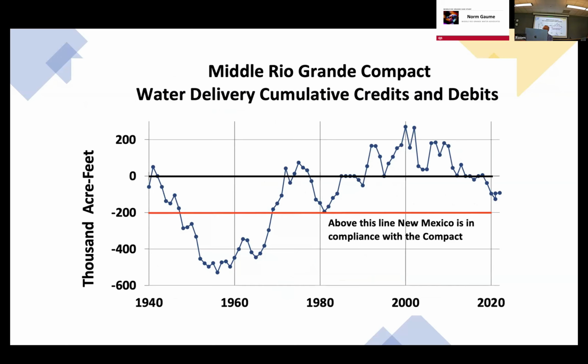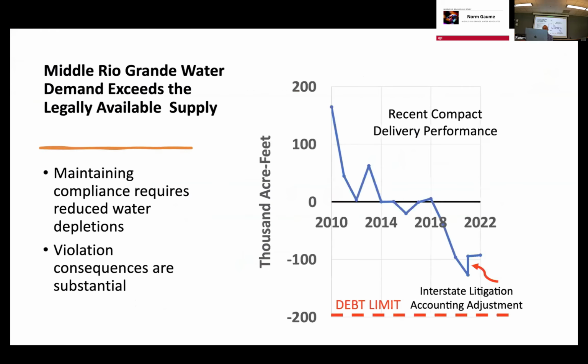When the state engineer of the state of New Mexico exercised his jurisdiction over groundwater pumping and required groundwater pumping to be supported by the retirement of agricultural water rights. And you can see on the far left-hand area of the curve that we are entering a period of trouble.